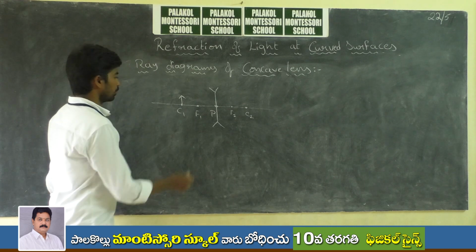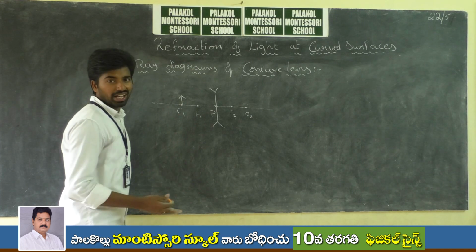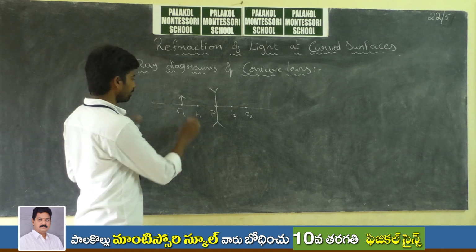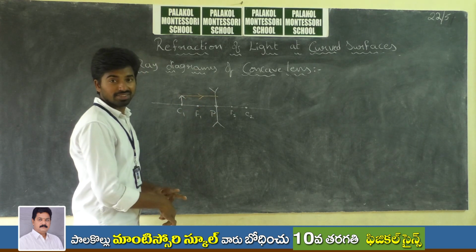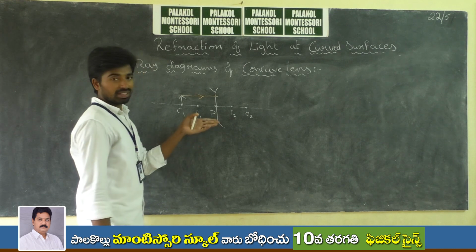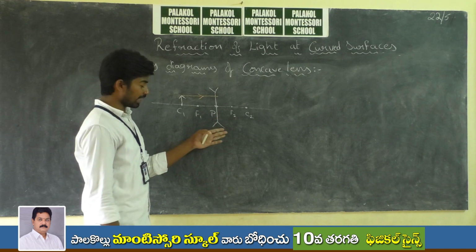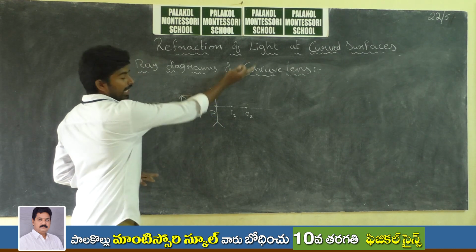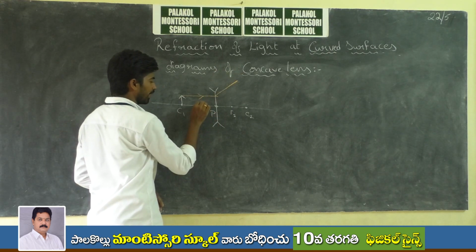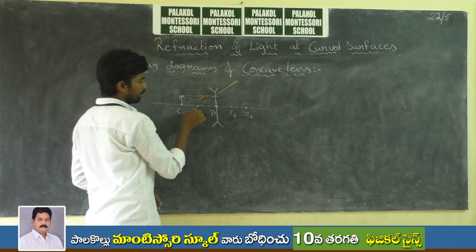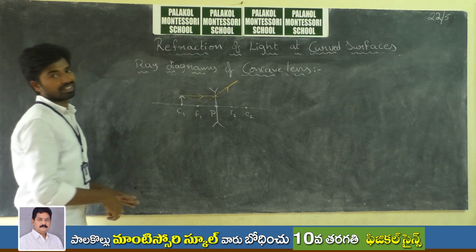To draw the ray diagram, you need to draw two light rays. The first light ray is parallel to the principal axis, and the refracted light ray by the concave lens will move away from the principal axis and appears to be coming from the point F1.